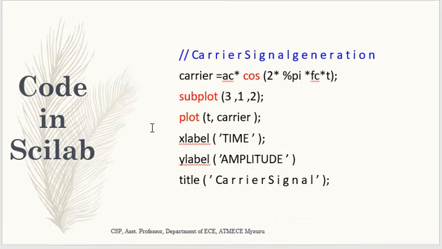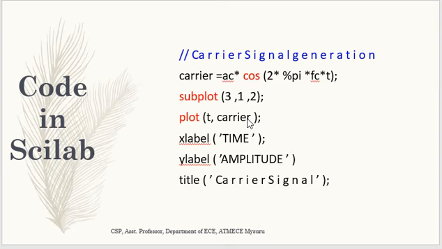Next we are going to define the carrier signal generator, which has the equation Ac into cos 2 pi fc into t. Here 3,1,2 is nothing but we are going to plot 3 windows: input, carrier and output.